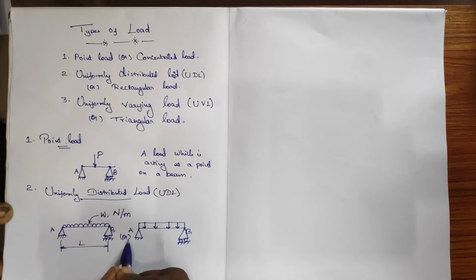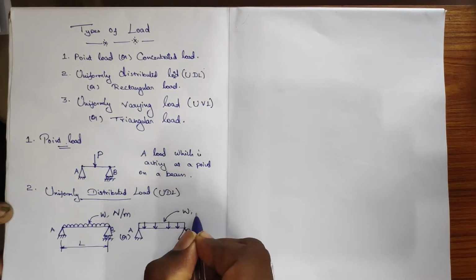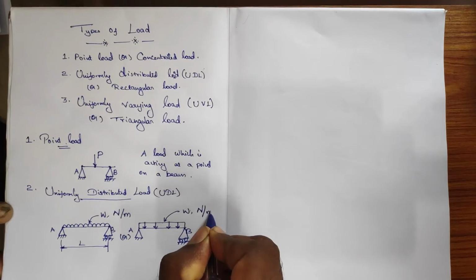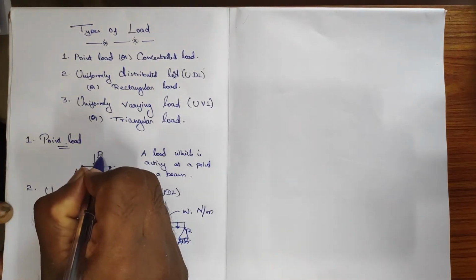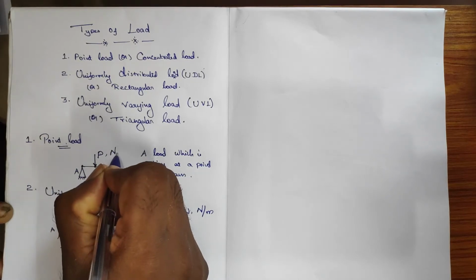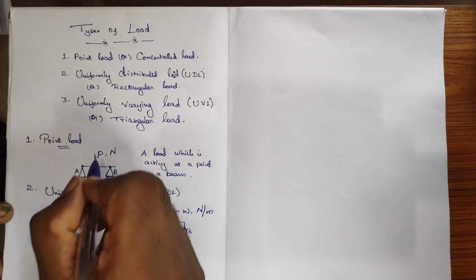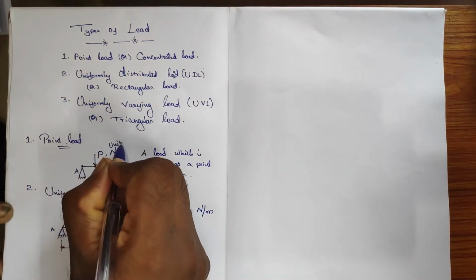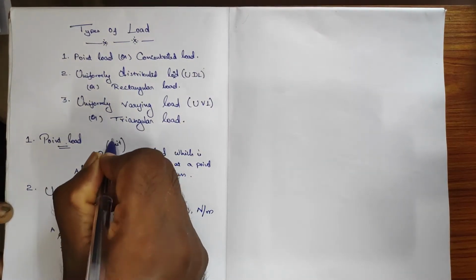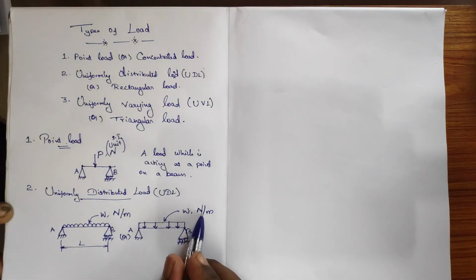It is the same: a uniformly distributed or rectangular load. Here as well the load is noted as W, with the unit Newton per meter. When you come to the point load, the unit is just Newton, the SI unit. But here it is Newton per meter.